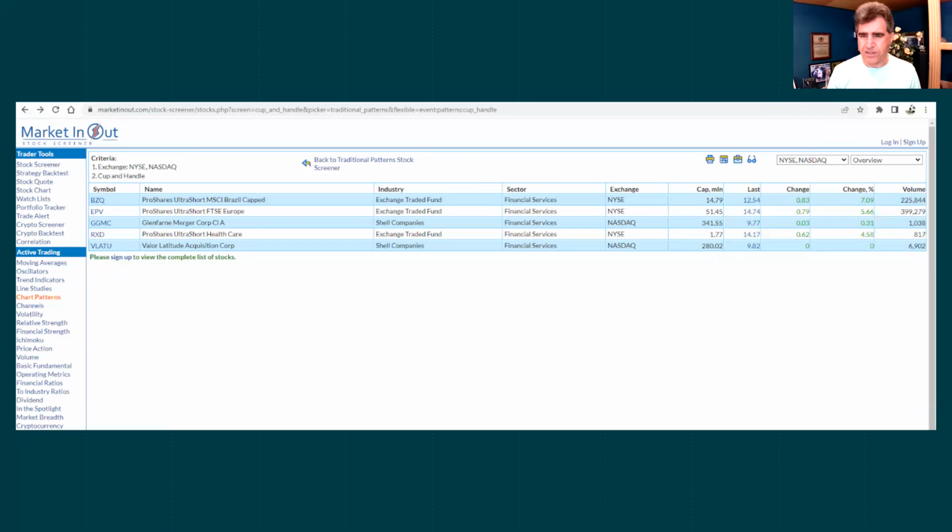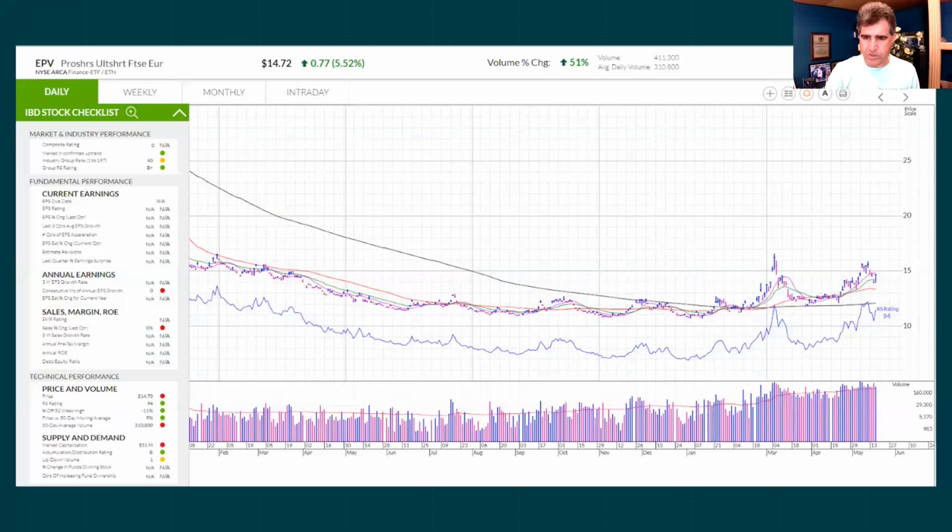It does other things, double tops, bottoms. The majority of the services do not have the classic cup with handle, but they do have saucer. There are bull flags, and by finding a bull flag, maybe you can combine it. So I just chose EPV, and this is the reason I use Investor's Business Daily.